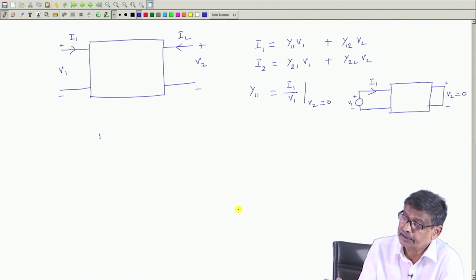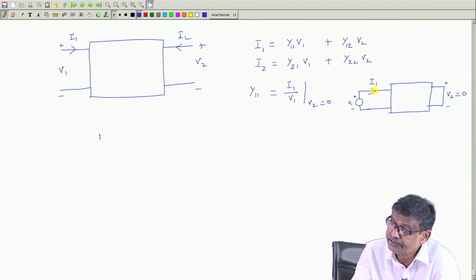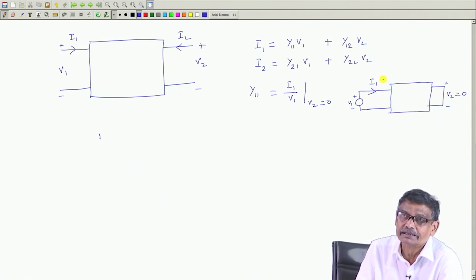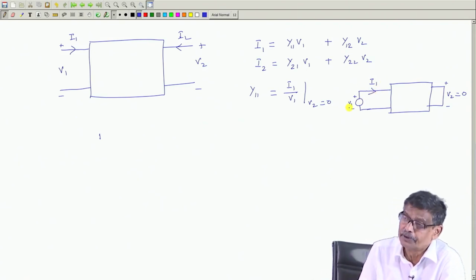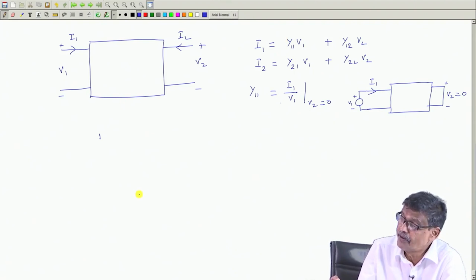And Y 11 then will be the ratio of this current. So, connect an ammeter or whatever to measure the current. So, I 1 by V 1 is the admittance Y 11. Which other parameter can be found out by doing this experiment?